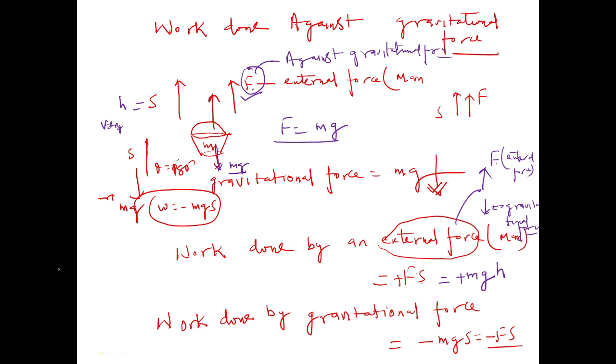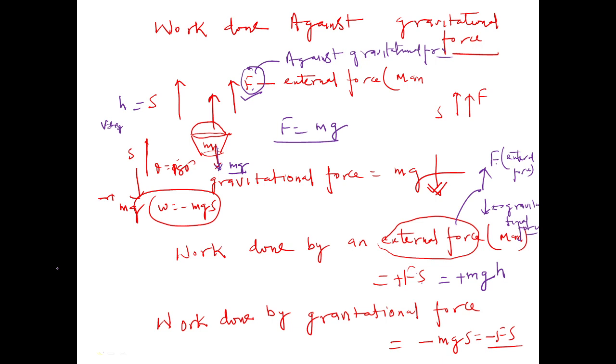When a body is lifted vertically upwards, the force required to lift it is equal to its weight. Thus, whenever work is done against gravity, the amount of work done is equal to the product of the weight of the body and the vertical distance through which the body is lifted. So these are the conclusions.